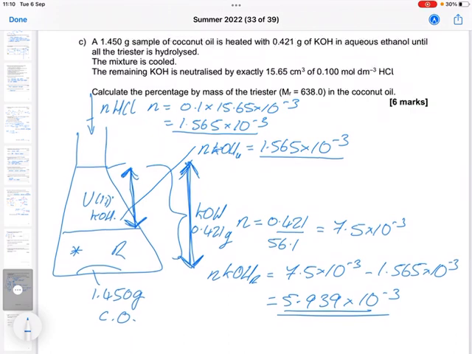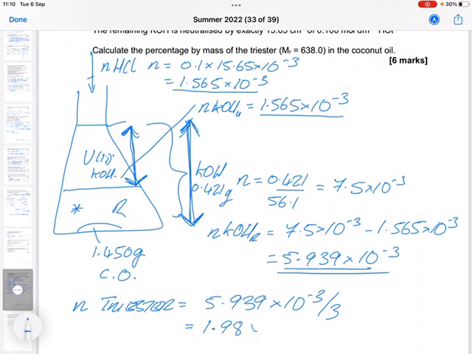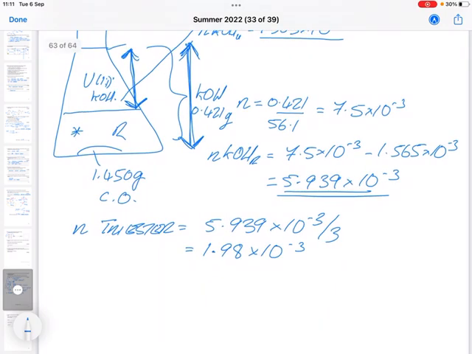Okay, so number of moles of the triester is equal to 5.939 times 10 to the minus 3 divided by 3, which equals 1.98 times 10 to the minus 3. So the mass of my ester will be 1.98 times 10 to the minus 3 multiplied by the MR, which is earlier in the question.